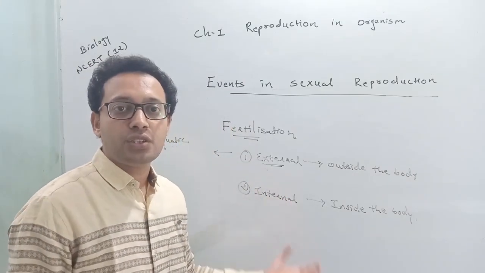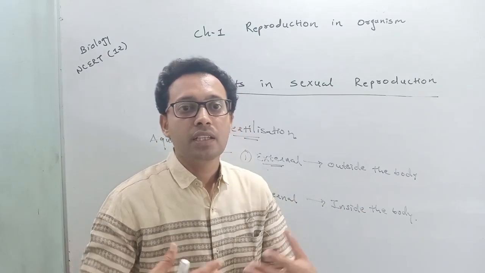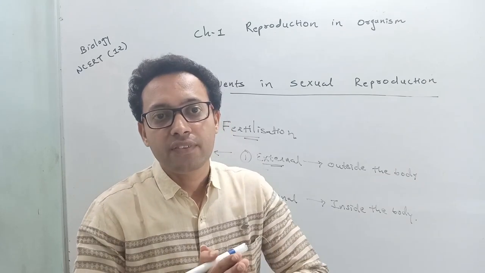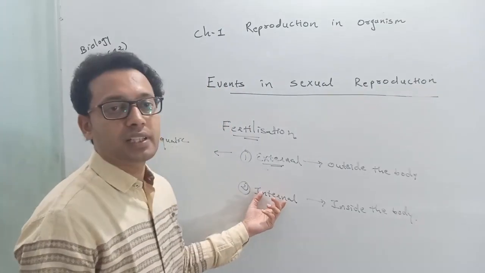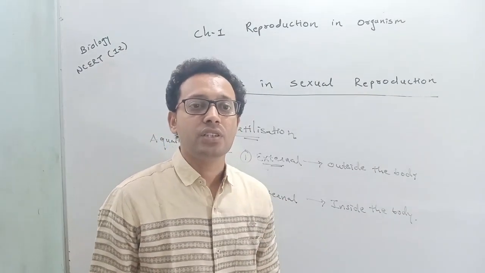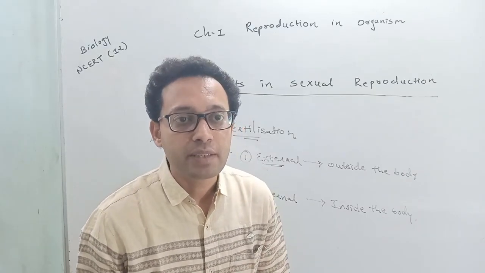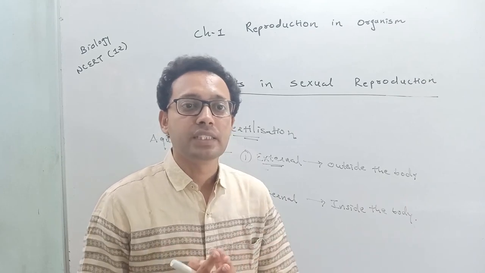In internal fertilization, fusion occurs inside the body, so there are more chances of protection and fewer chances of attack by predators. So this is about internal fertilization. Internal fertilization occurs in the case of human beings, or in the case of flowering plants, etc. Okay, so that's all about fertilization.